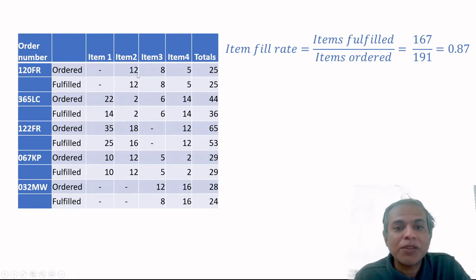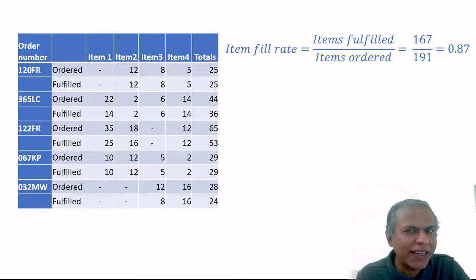Item number 2, item number 3, and item number 4. So order 120 FR has 3 line items, line items 2, 3, 4. The last order, 032 MW, has only 2 line items. And order number 365 LC has all 5 line items which are part of the order.